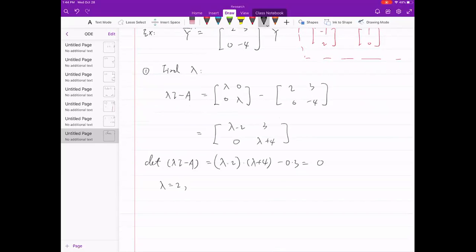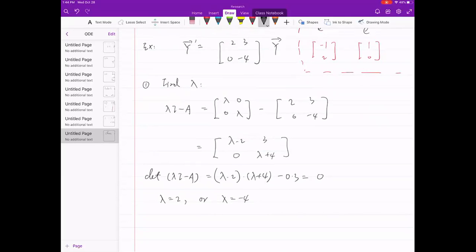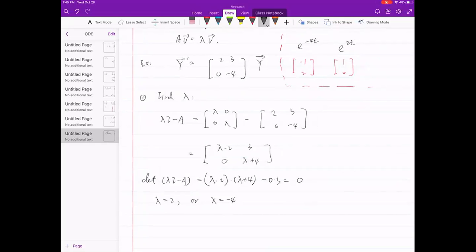This implies lambda equals 2 or lambda equals negative 4. You've done this a lot of times before. Do you realize it's this number here and this number here? 2 and -4. You got them.